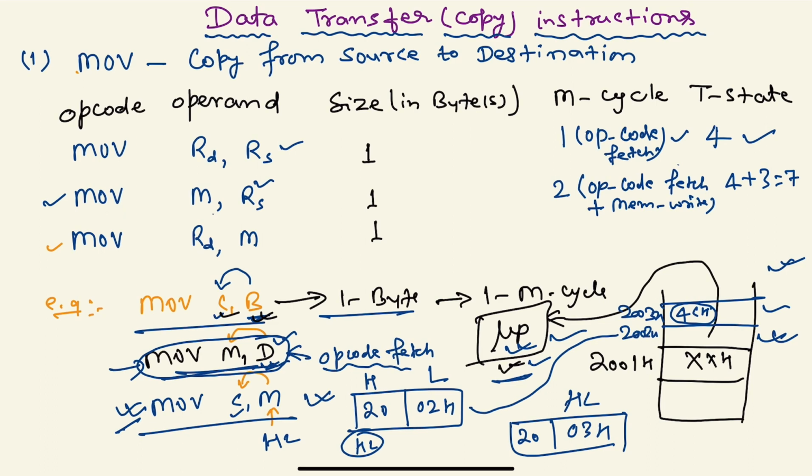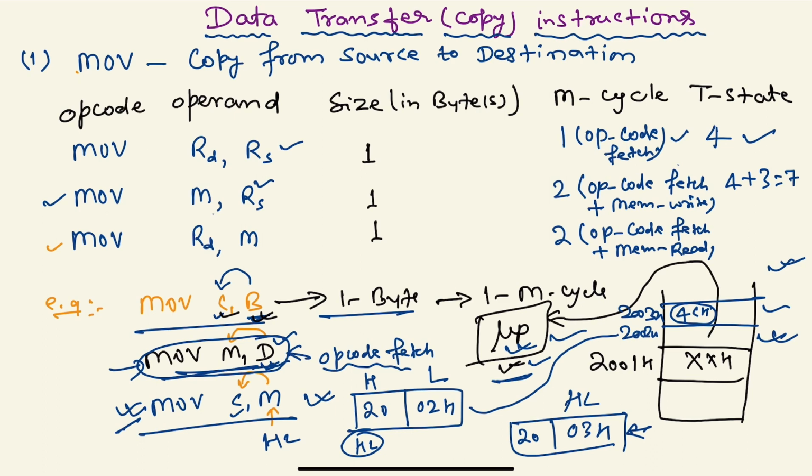So the machine cycle will be 2 here. The first operation is the opcode fetch operation, and the second operation will be memory read, because it is reading the content from this location 2003H, which is pointed by the HL register pair, into this C register.